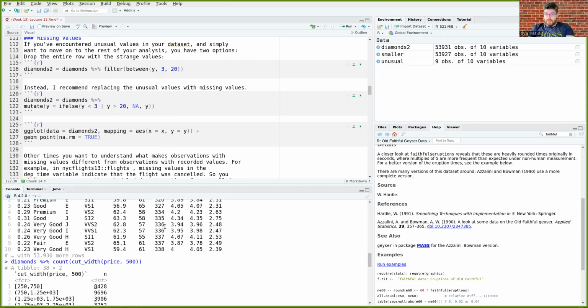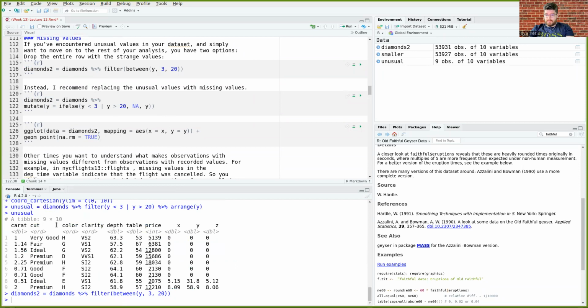So what do I mean? Let's say that we have found those 9 diamonds which are not the same as previously, and we need to use those values to model because 9% of the data set is pretty much. And let's say that we are using carat and price.